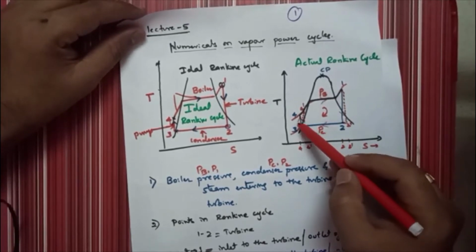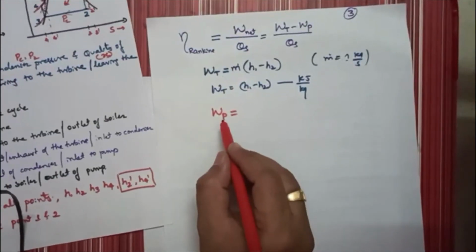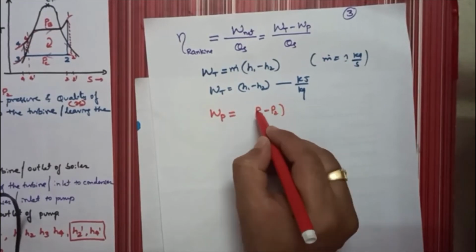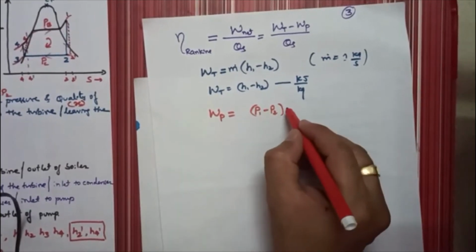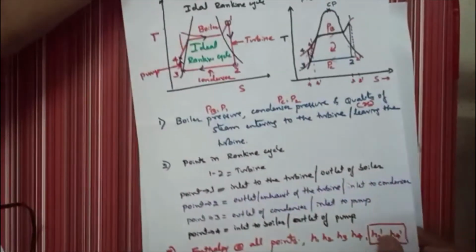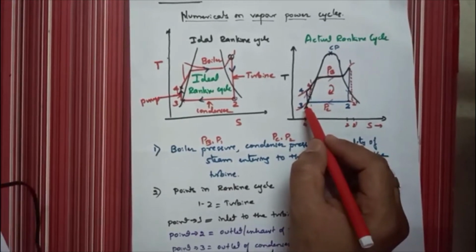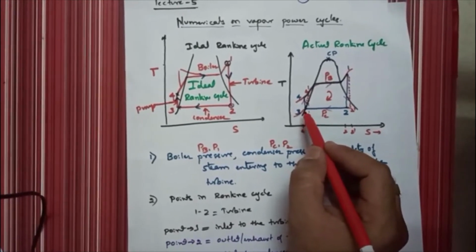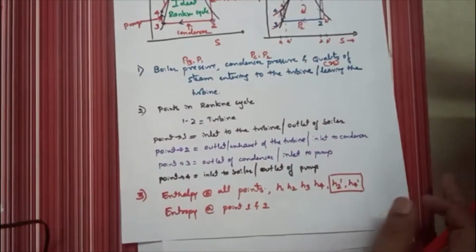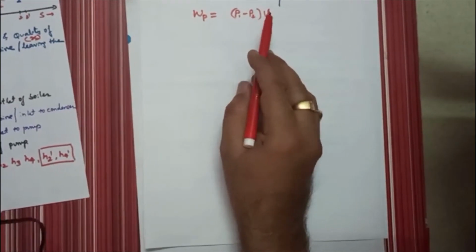When you are calculating work done by the pump, you take highest pressure minus lowest pressure and multiply with the specific volume of fluid at point number 3, because point number 3 is the starting point of the pump. So work done on the pump is (P1 minus P2) into Vf.